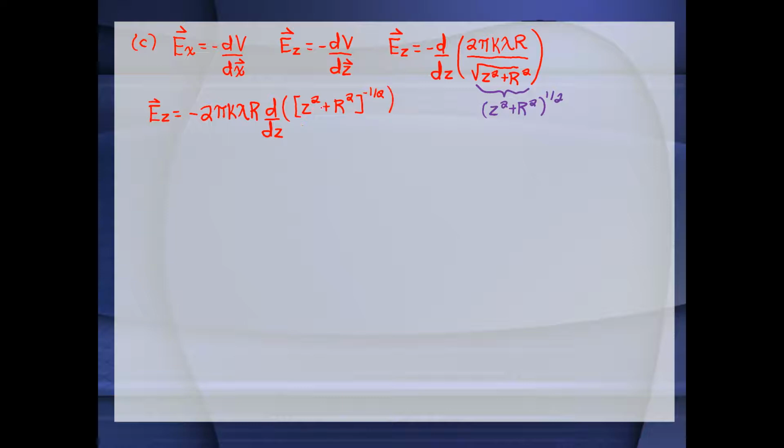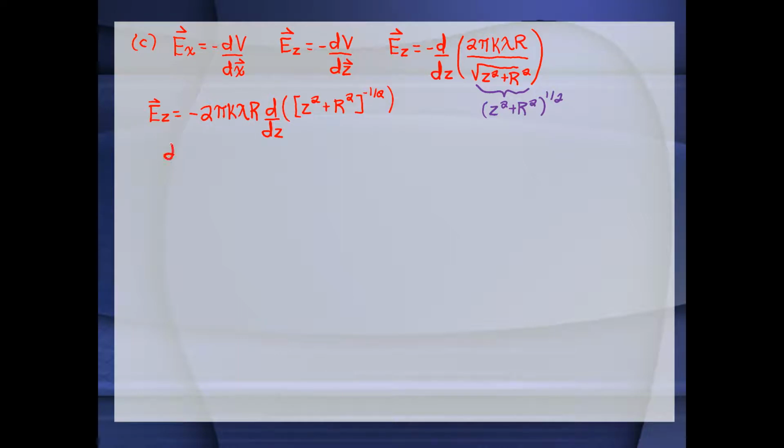Okay, so I have to figure out the derivative of this. Now, to figure out the derivative of this, you have to use something called the chain rule to do it. So most of you who've done calculus already can probably very easily do this derivative. For those who have not done a whole lot of calculus, I can write out the chain rule in a bit more detail.